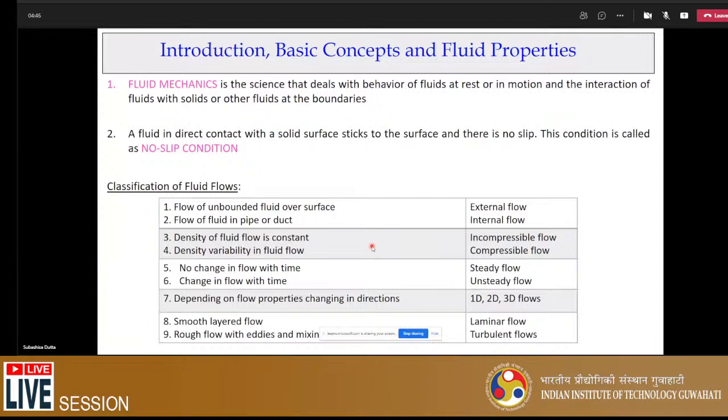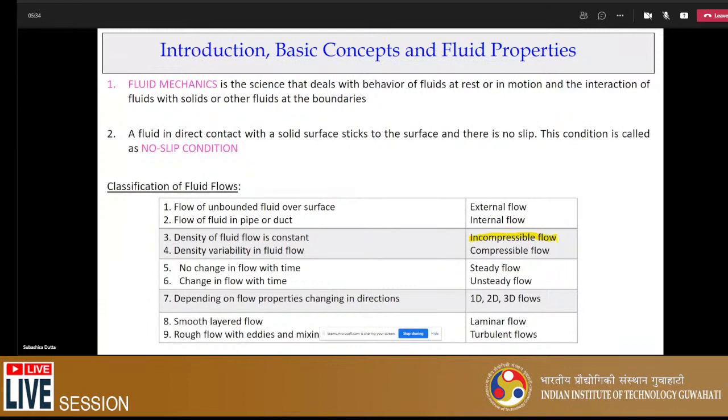No doubt, as a beginner in fluid mechanics, it may look difficult, but the idea was that if you know the basic fluid flow classifications, you can know what type of fluid flow problems you are addressing and what assumptions are behind them. For example, if I talk about incompressible flow, it indicates that one of the flow variables, the density, doesn't vary significantly; the density variation is quite negligible.